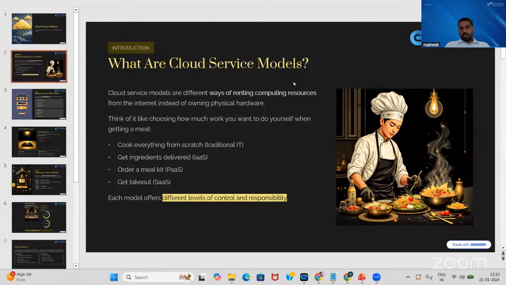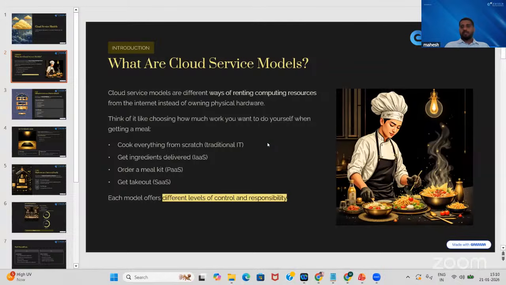The on-premises infrastructure is completely about managing everything from scratch on behalf of the customer, like cooking everything from scratch, which is the traditional IT, or a kind of physical infrastructure, where we manage each and everything from the customer side.